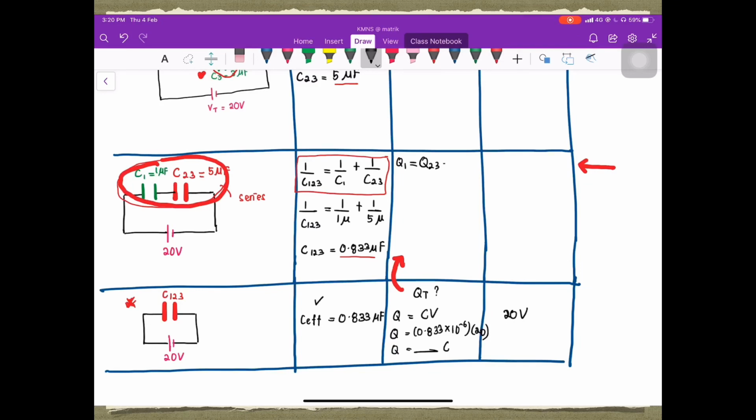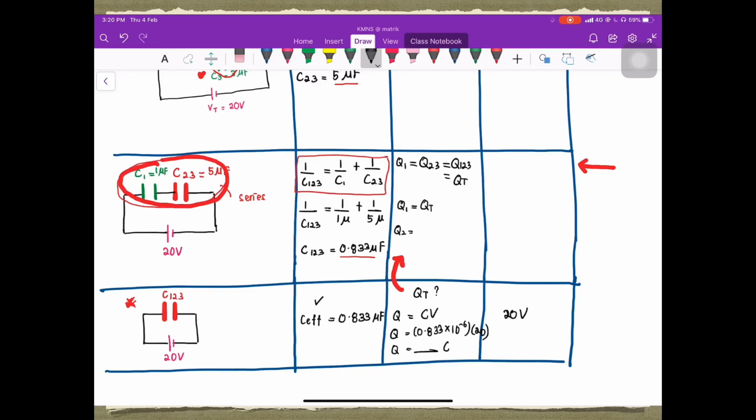So equal to Q123, and actually Q123 is Q total. So we just state Q1 equal to Q total.